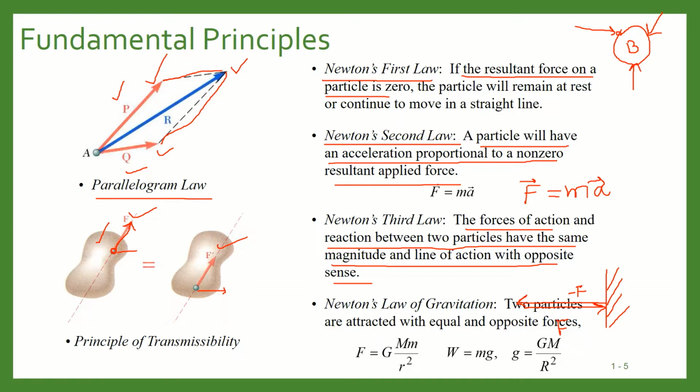Because of the gravitational force, suppose one particle has a mass capital M, another particle has a mass small m, and they are attracted towards each other by this force F, which equals G M m upon r square, where r is the distance between the particles and G is the gravitational constant.